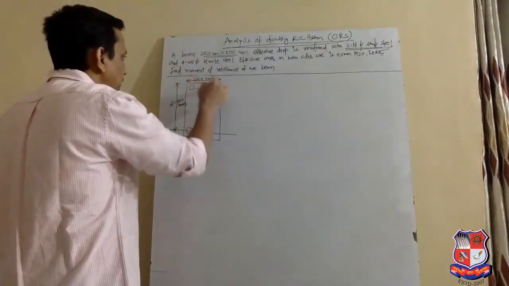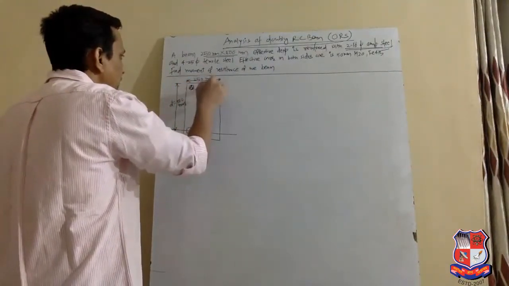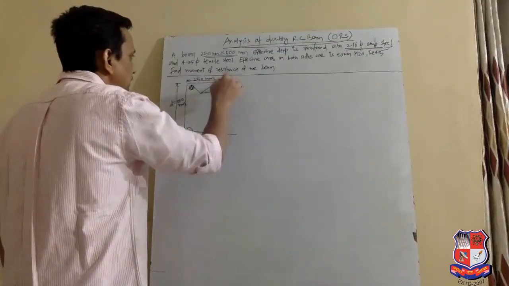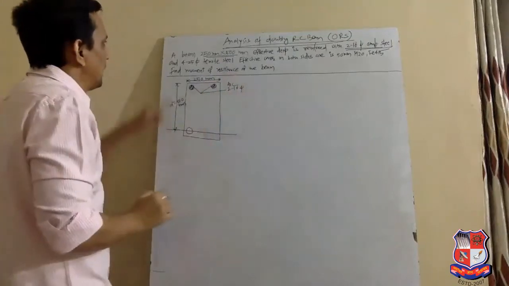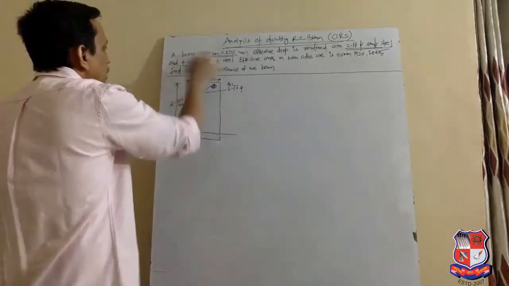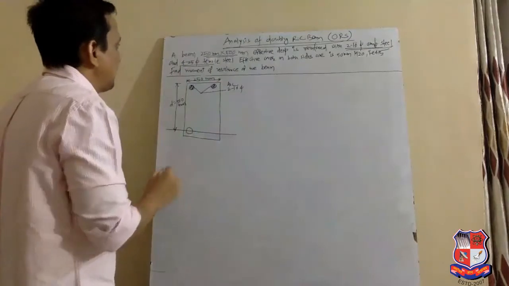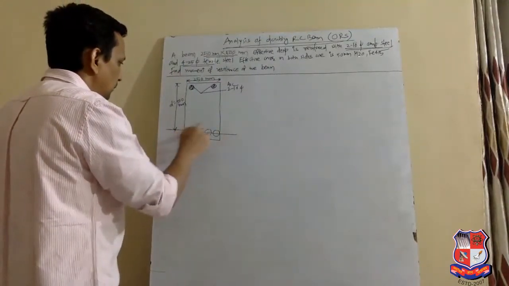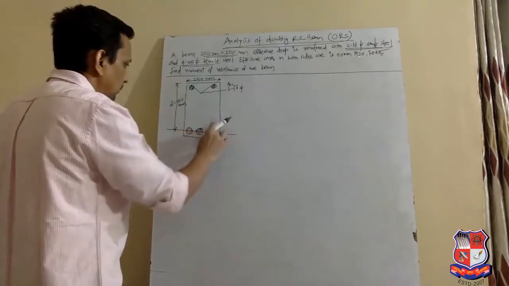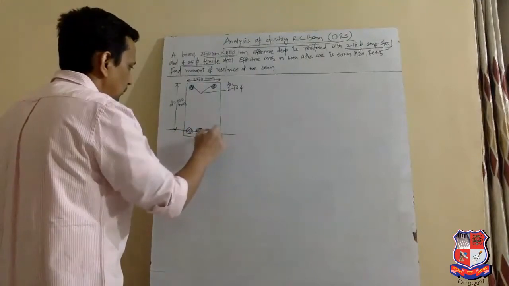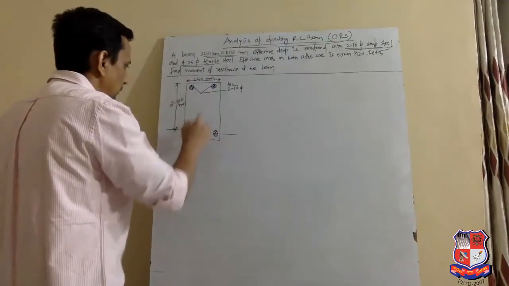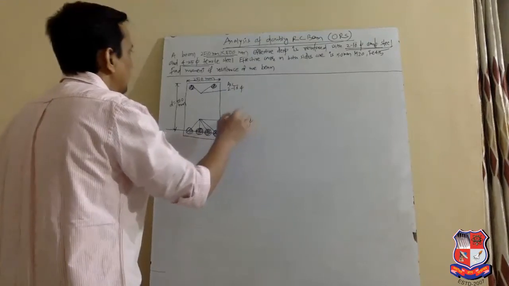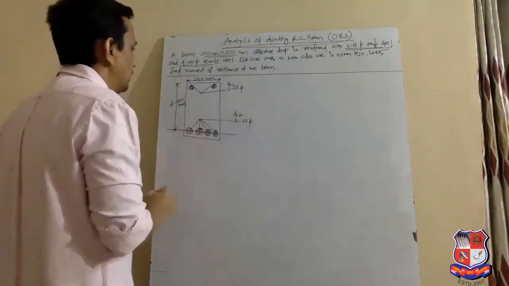Means in compression zone, 2 number 16 mm dia bars are provided. This is called ASC. And in tension zone, 4 number 25 mm dia are provided, and this is called AST.